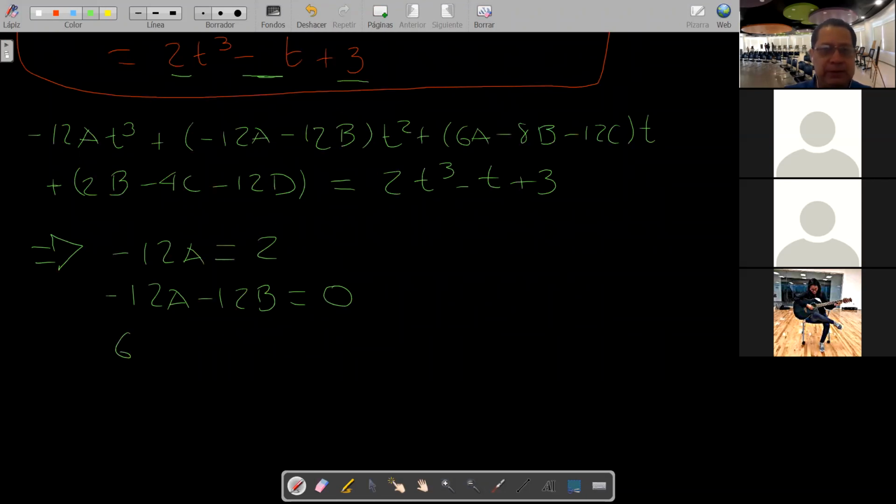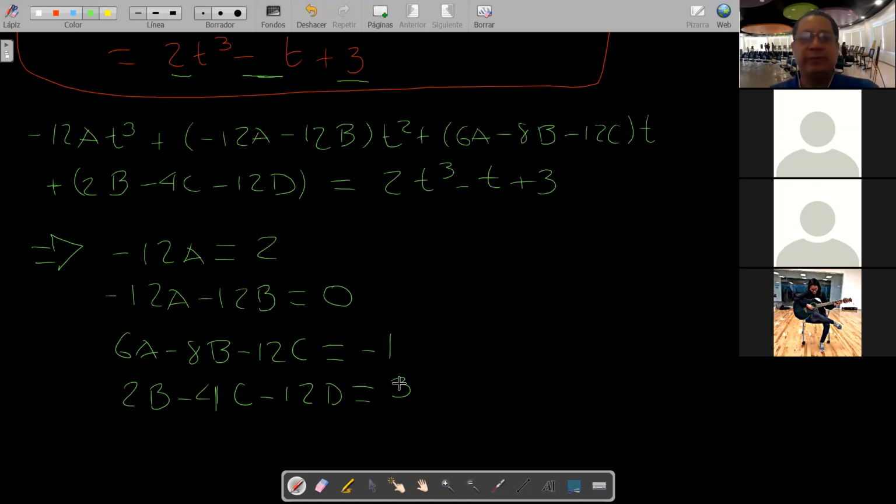And 6a minus 8b minus 12c should be equal to -1. And finally, 2b minus 4c minus 12d has to be equal to 3. So this is our system of equations. We have 4 equations to determine the 4 unknowns.